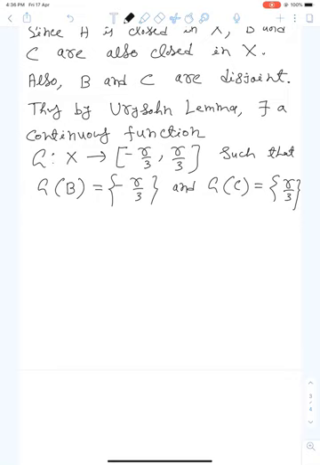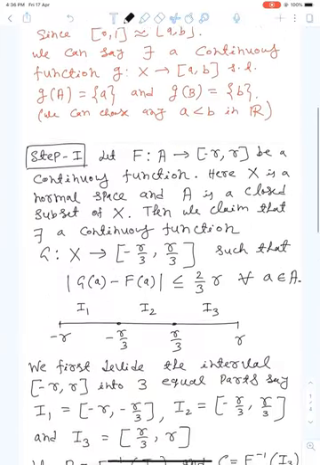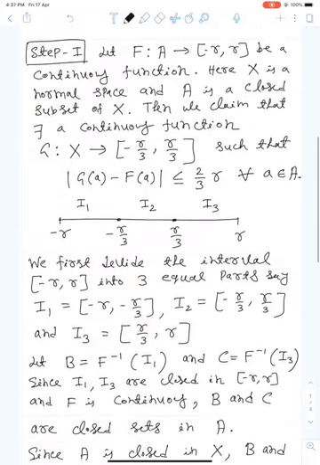Right? Now, the only point is to check one thing. Which point? We need to check that the absolute value of G(a) minus F(a) is less than or equal to 2 by 3 r. So we need to just check that. Right? So this property is done. We need to check only this. Fine.